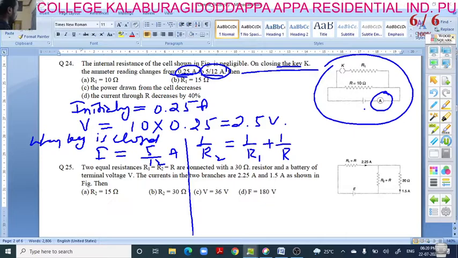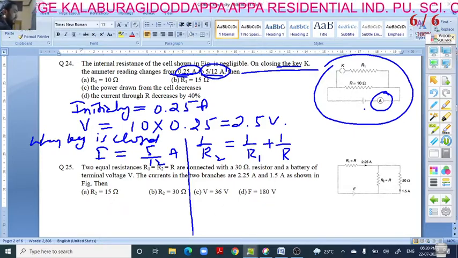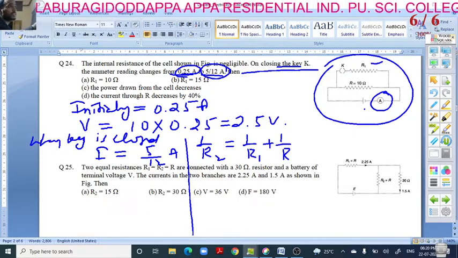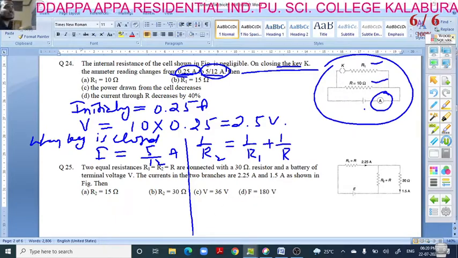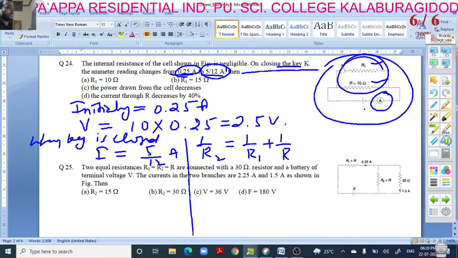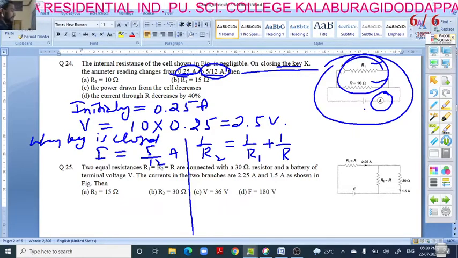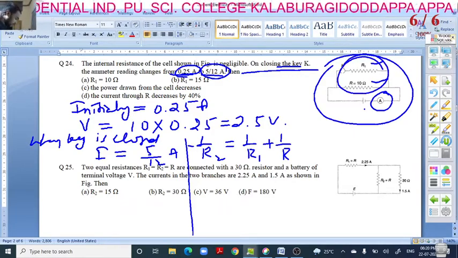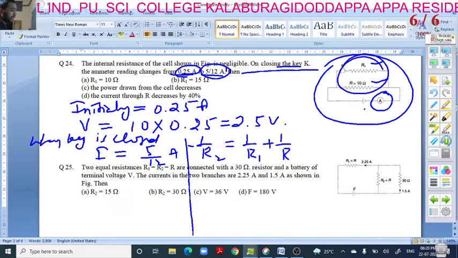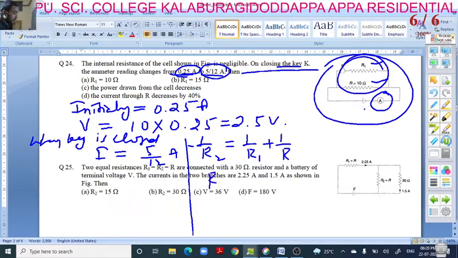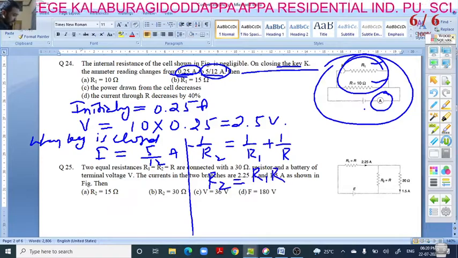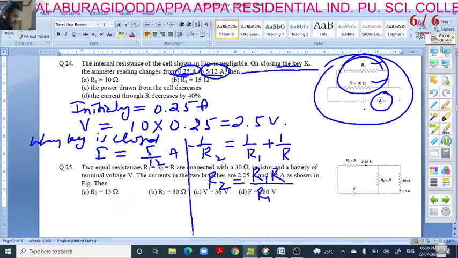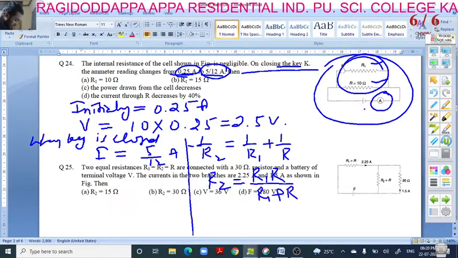If R2 is the effective resistance, then 1 by R2 is equal to 1 by R1, this, and this is our R. What is the effective resistance of these two resistors? These two resistors are in parallel, so I write it like this.